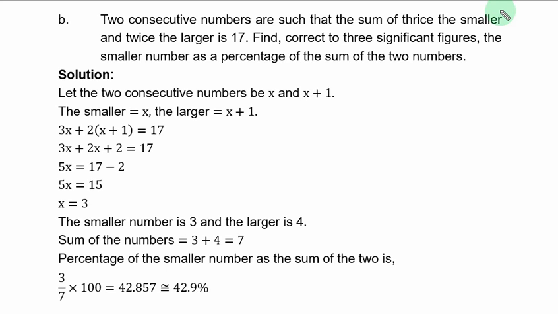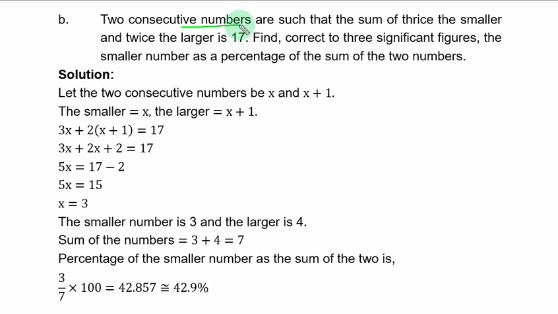Question 1B. Two consecutive numbers are such that the sum of thrice the smaller and twice the larger is 17. Find correct to 3SF the smaller number as a percentage of the sum of the two numbers. Solution.